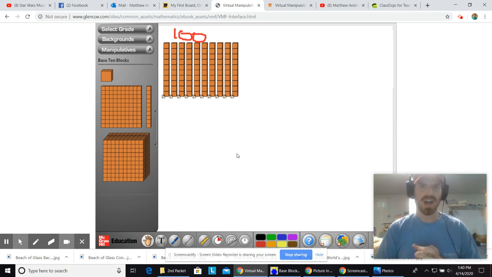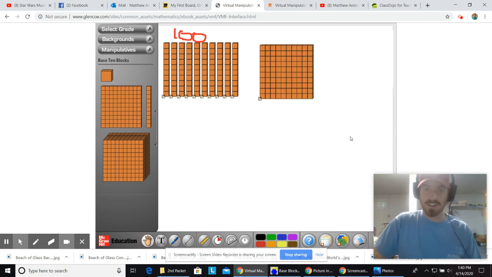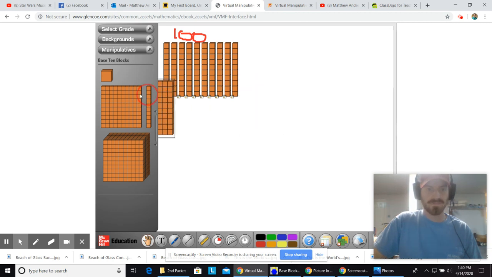So watch, when I regroup, when I break that 100 back into 10 tens, look how many I have. 1, 2, 3, 4, 5, 6, 7, 8, 9, 10. So 10 tens do make a 100. So this and this are the same. They're exactly the same amount, they just look different.